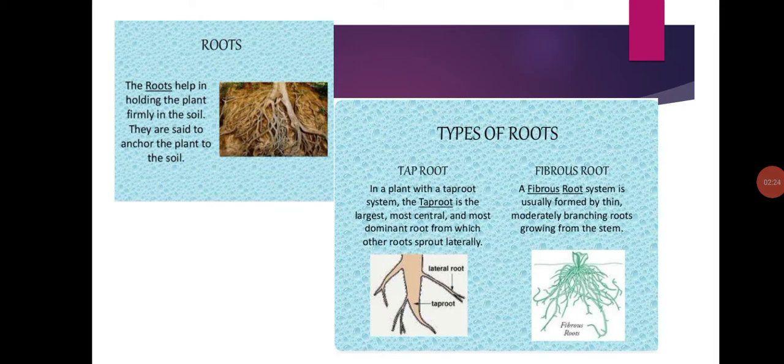But actually, this is not the definition. During the germination of seed, the part of the plant which develops from the radicle is called the root, and the part of the plant which develops from the plumule is called the stem.